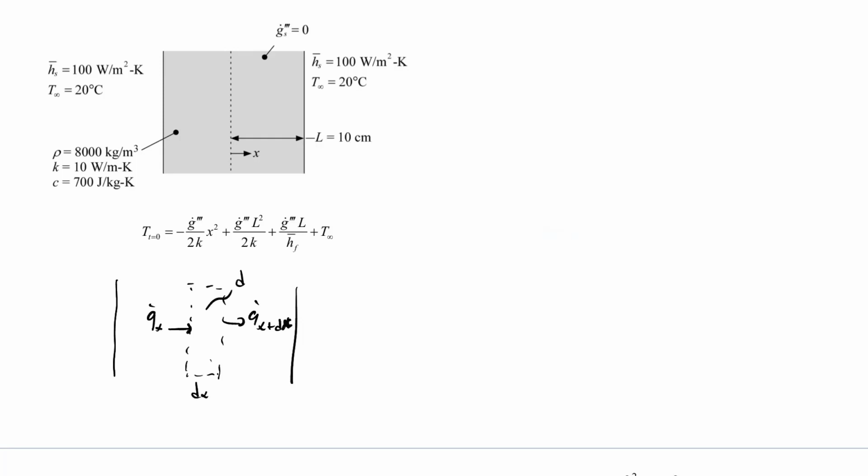In here now we have the partial of u with respect to time. And that's it, right? We don't have any generation going on. So then we bring this together for our energy balance, and we have Q dot at X is equal to Q dot at X plus dx plus the partial of u with respect to time.